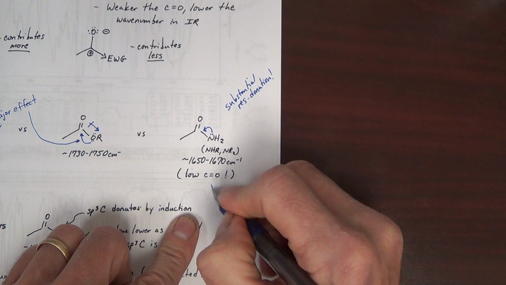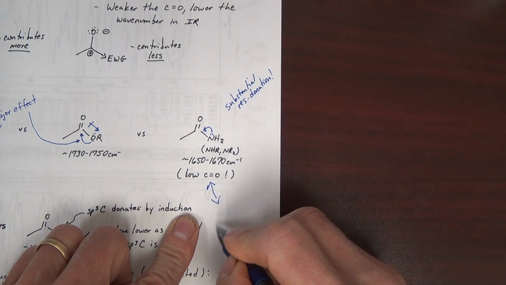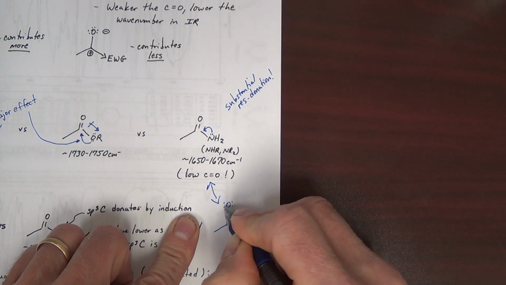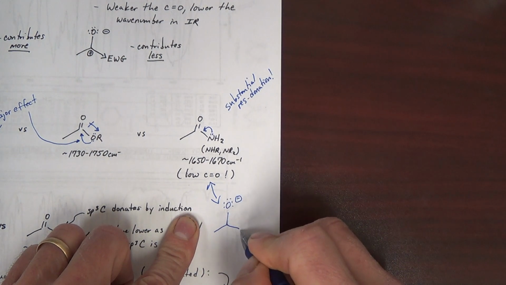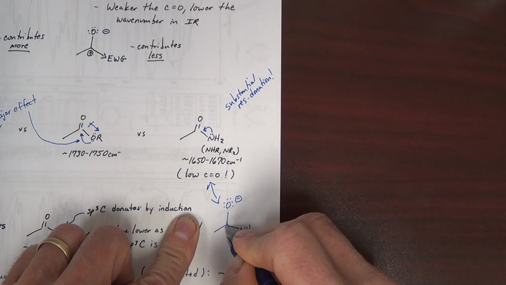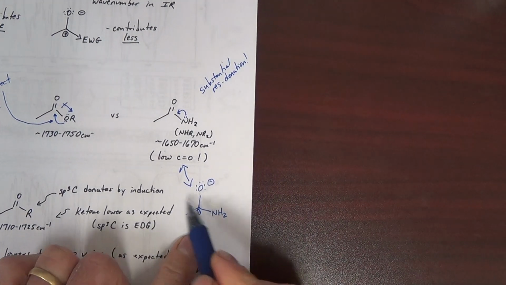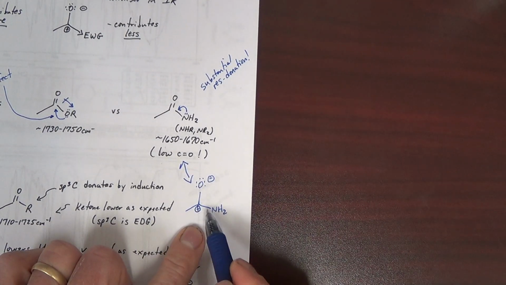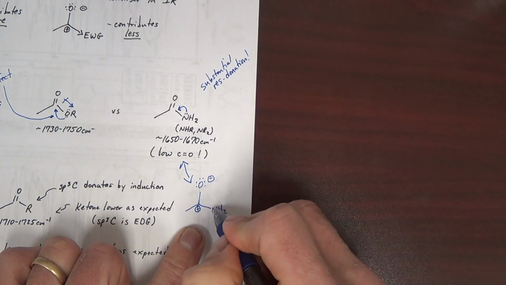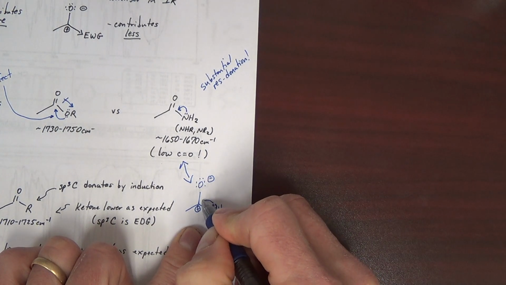We can show the polarized resonance structure. And then we can ask, how much is this going to contribute? Well, it contributes a good bit because this cation is stabilized by resonance.